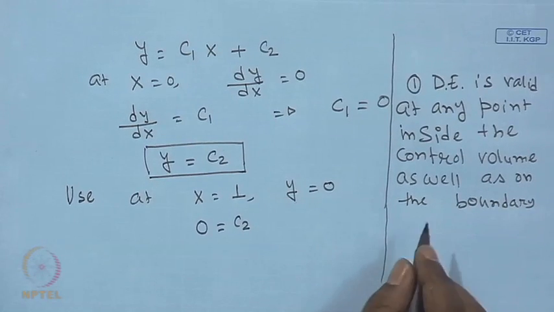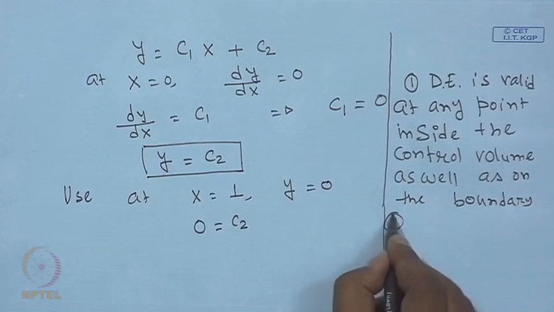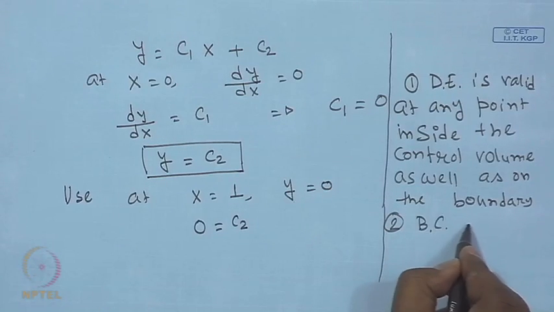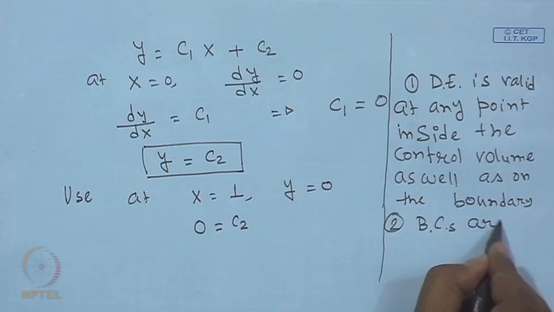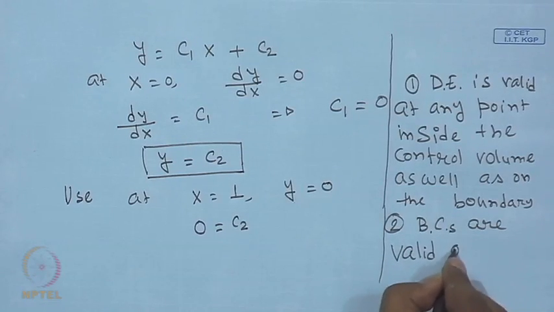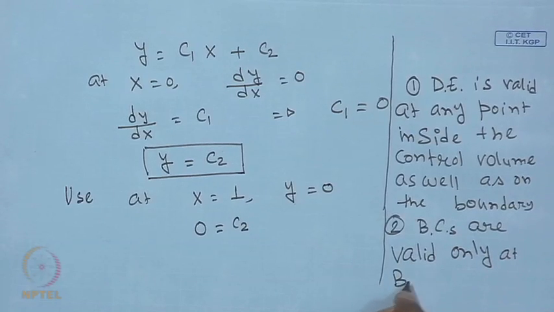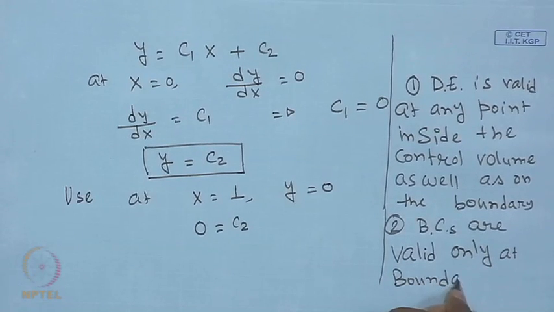On the other hand, the boundary conditions are valid only at boundaries. They need not be valid within the control volume.